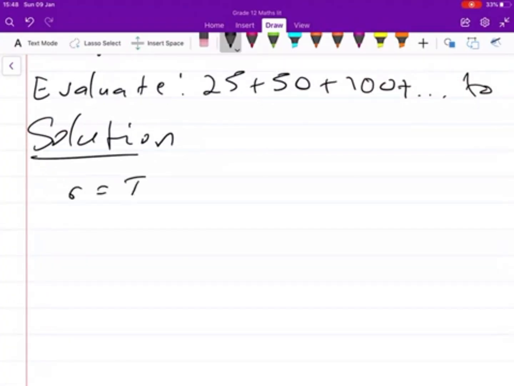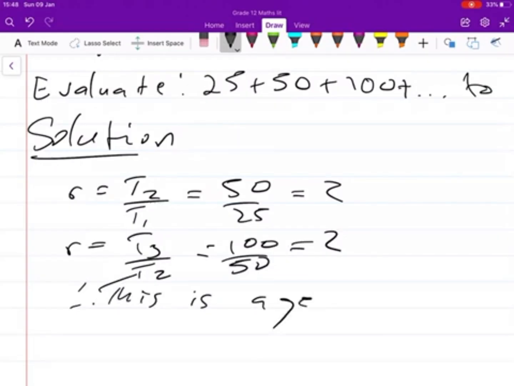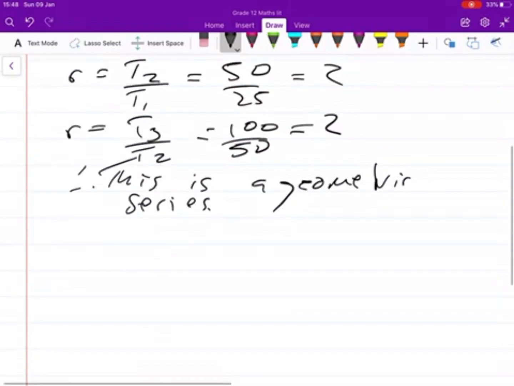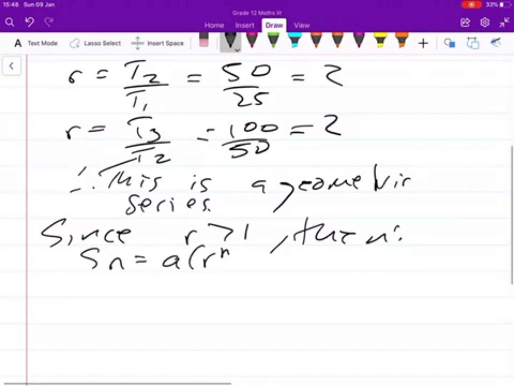So r equals T2 divided by T1, so that is 50 divided by 25, which is 2, and r equals T3 divided by T2, that is 100 divided by 50, which is 2. Therefore, this is a geometric series. Since r is greater than 1, we must apply the following formula.